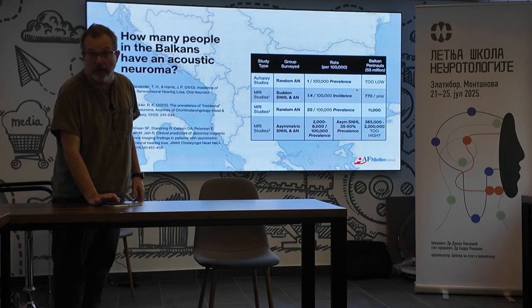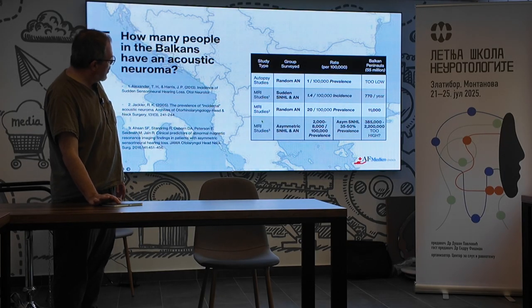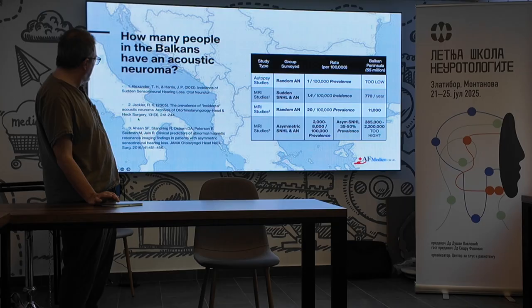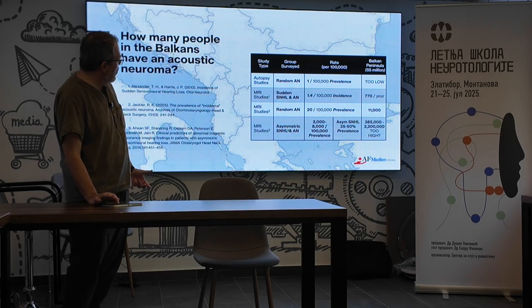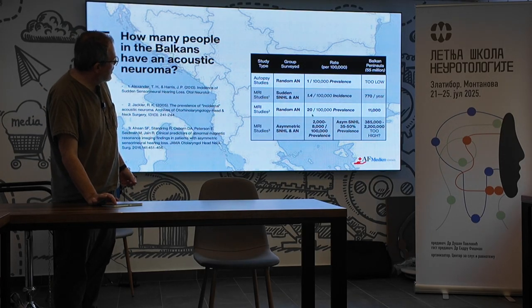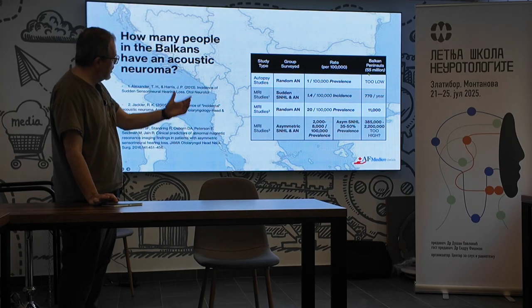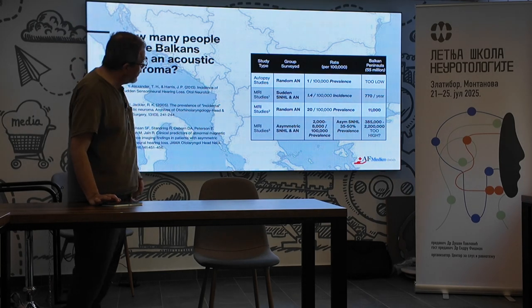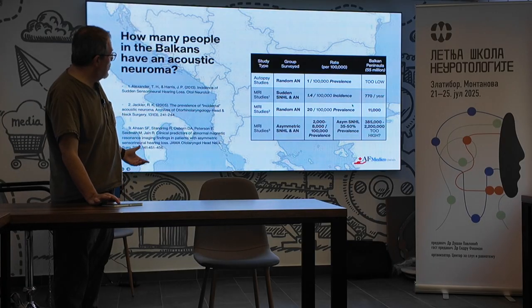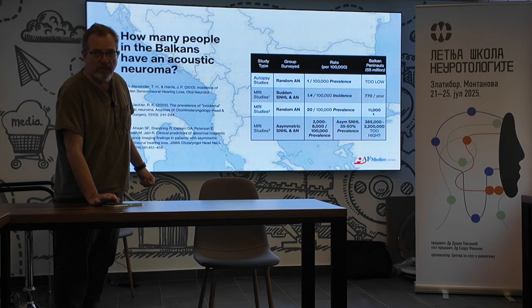This is probably very low because recently there have been MRI studies, one done in California and another in San Diego, in the English language literature, that show it may even be as high as 20 per 100,000, which for the whole Balkan Peninsula, including parts of Turkey, may be up to 11,000, which is a lot.